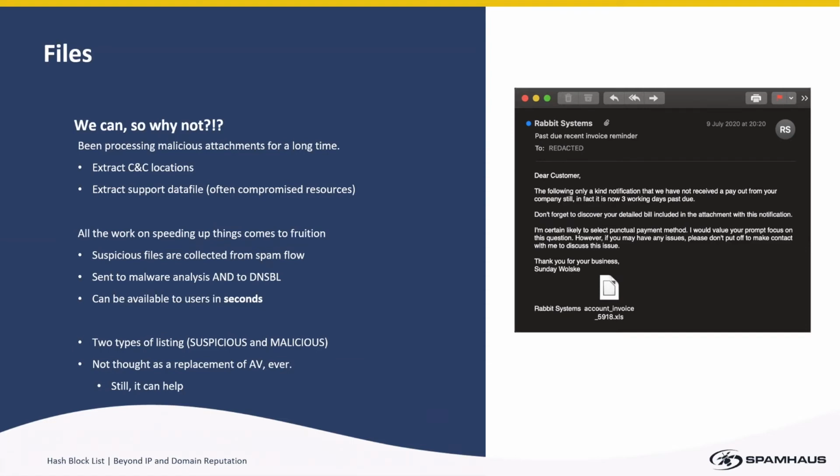We don't know exactly what it does yet, but it is per se, by what it is and how it reached us, suspicious enough to put out the flag, and within seconds allow our users to flag emails containing this specific attachment as at least suspicious, if not necessarily malicious per se.